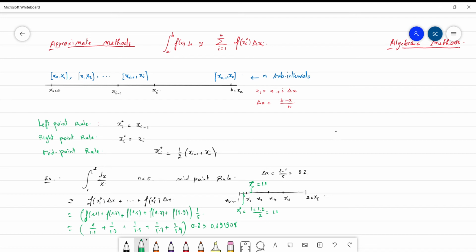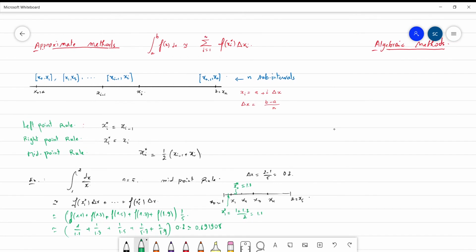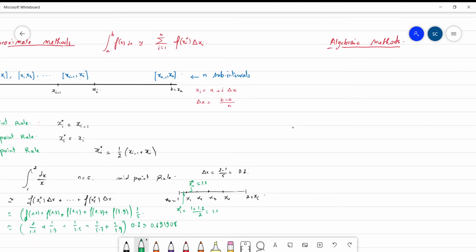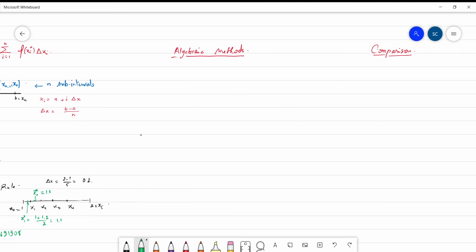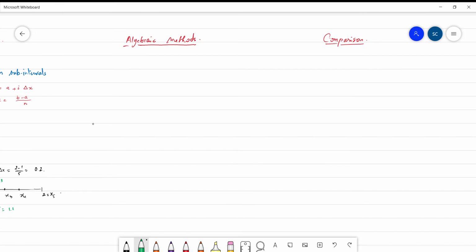Now we would like to develop methods that help us compute this area exactly. So one of the tools, just by using the definition, we can establish the following theorem. By knowing simple areas, we can deduce other areas.